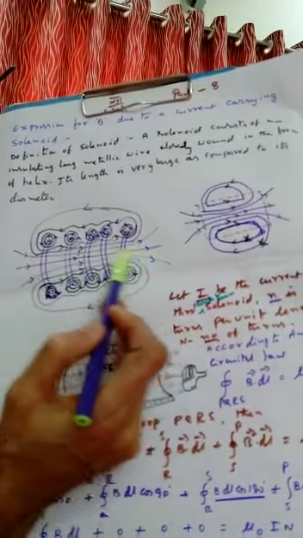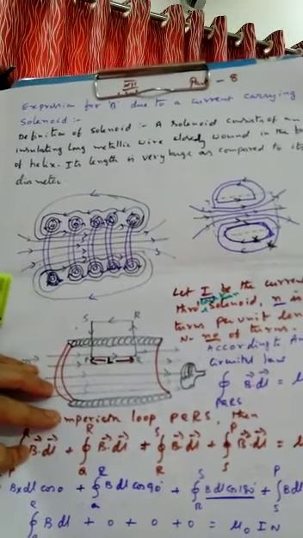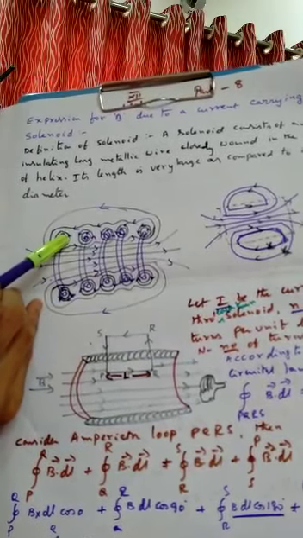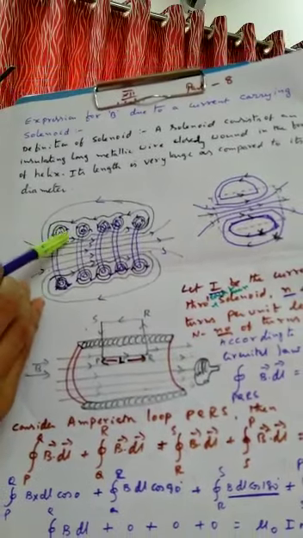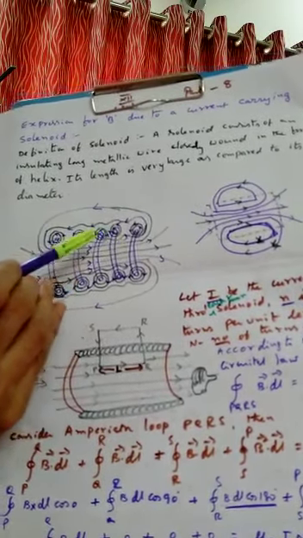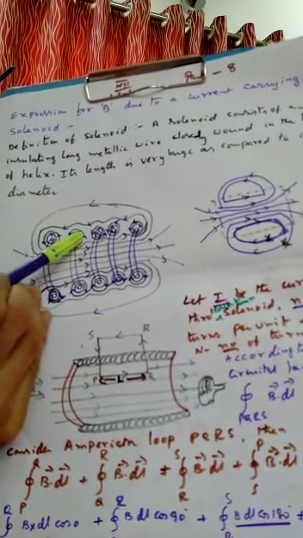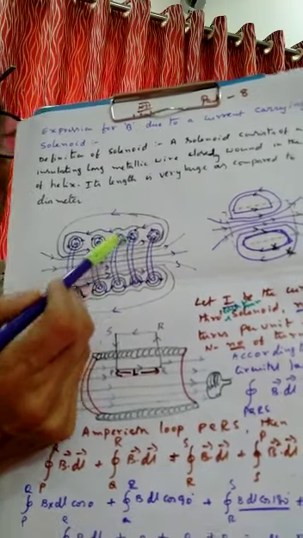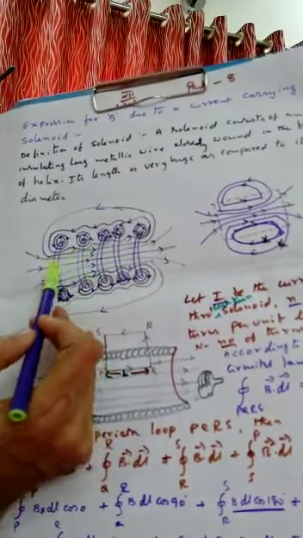They will be added up. The field is strong inside the solenoid. Once again I repeat, according to the right hand thumb rule we decide the direction of the magnetic field, and the directions of the magnetic fields outside the solenoid are opposite to each other. So the resultant field is very weak. Whereas inside, the magnetic field directions are the same, so the field is strong inside the solenoid.